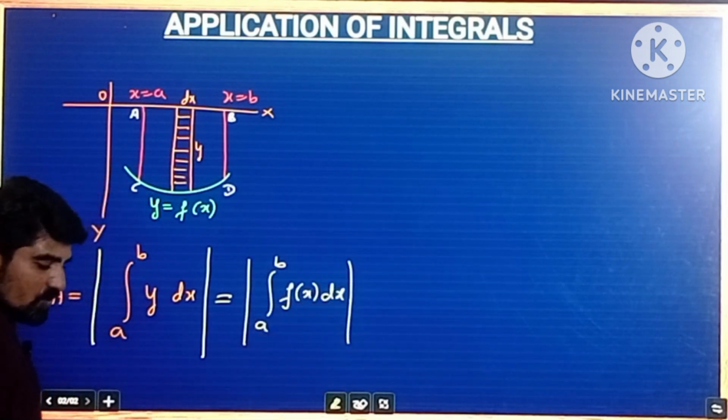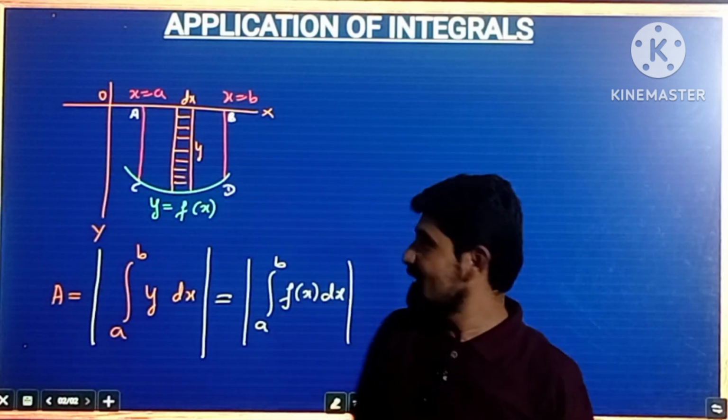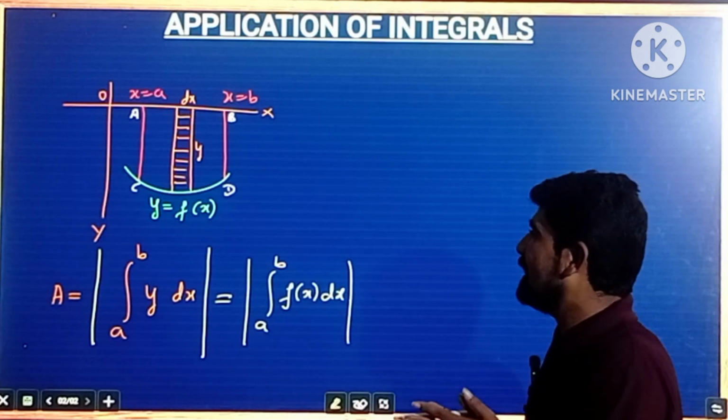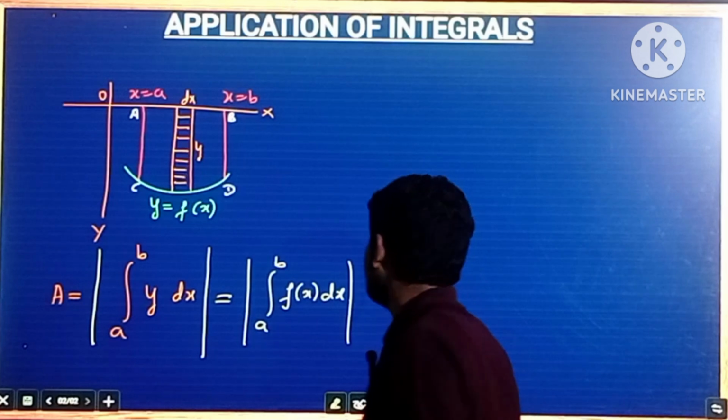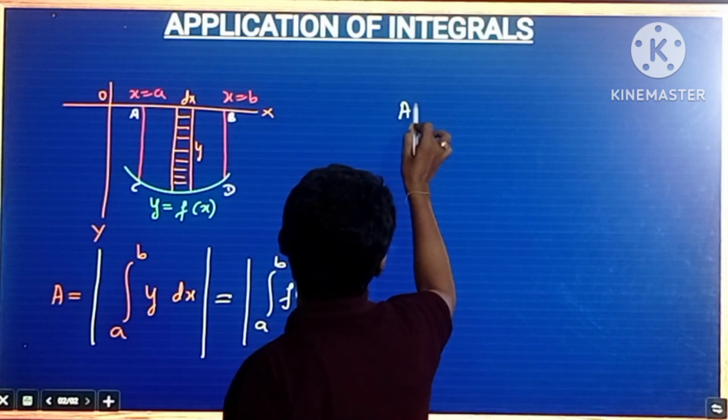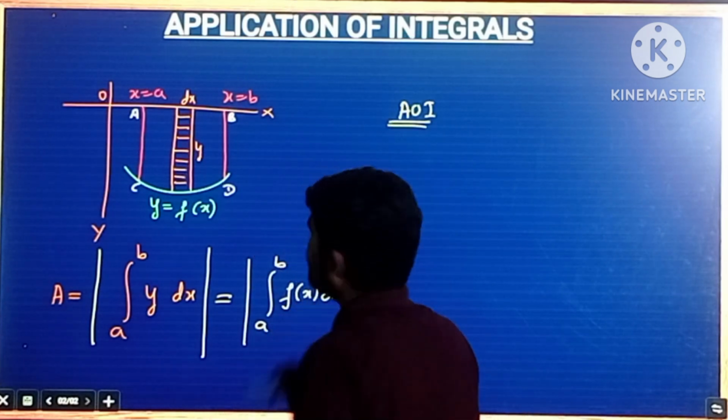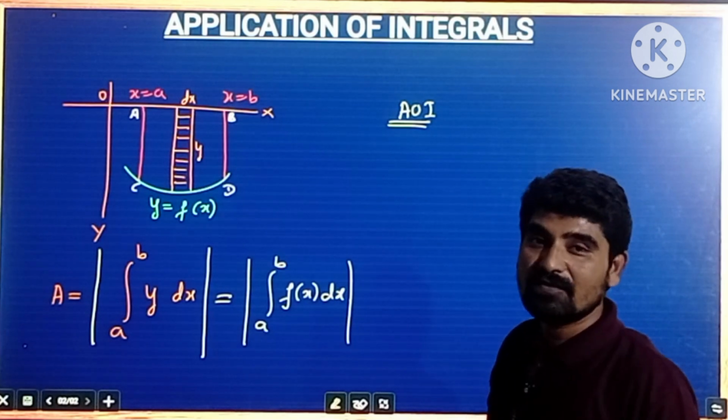I hope all of you understood the concept of application of integrals, how to find the area bounded by the curve. And one more thing, this chapter, application of integrals, is related to a chapter which is studied in your first PUC.